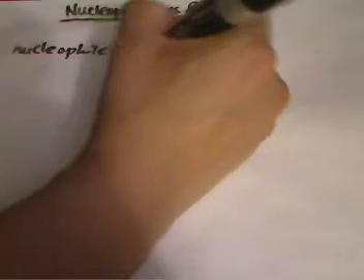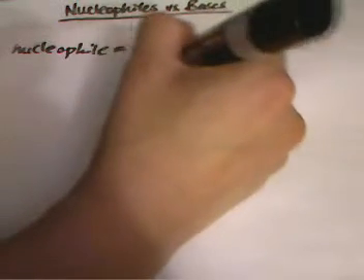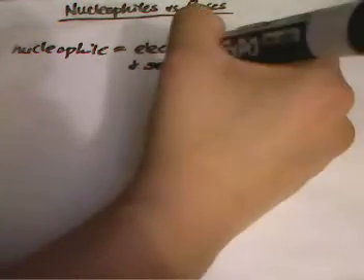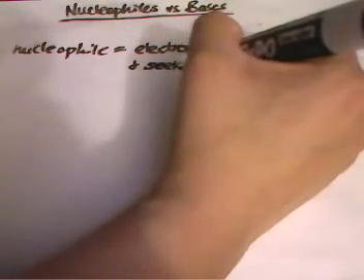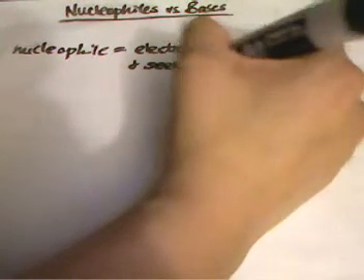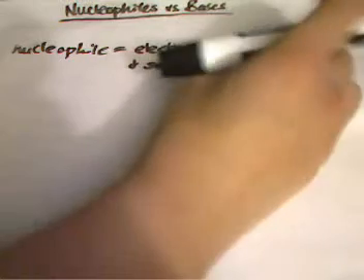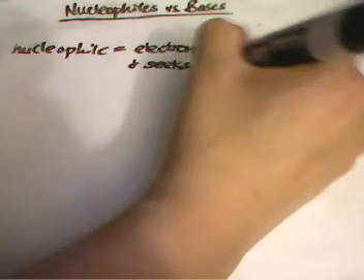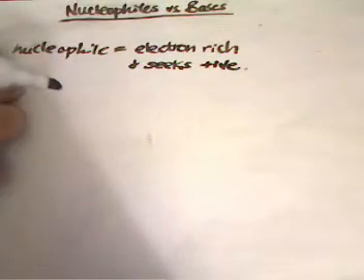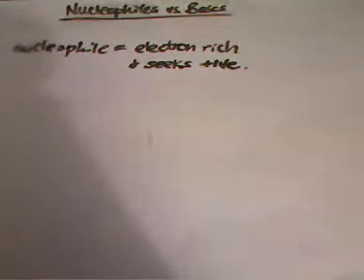A nucleophile, in general terms, is an atom or a group of atoms that is electron rich, and it seeks positive centers. Hence the name nucleophile, because nucleuses are positive.